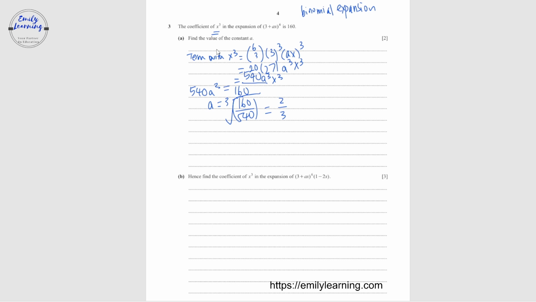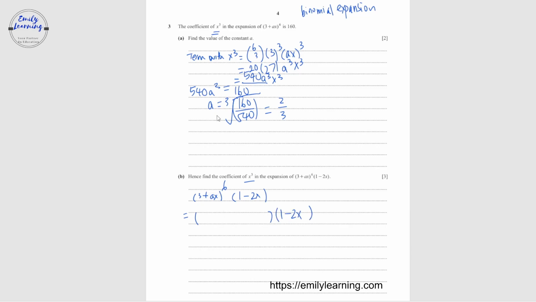Moving on to part B, hence you're asked to find the coefficient of x cubed in this expansion. So we have (3 + ax) to the power of 6 times (1 minus 2x). In order to find the coefficient of x cubed in this expansion, we are going to multiply the terms together, right? Because we are interested in x cubed, we'll ignore everything except for those that will give us x cubed.